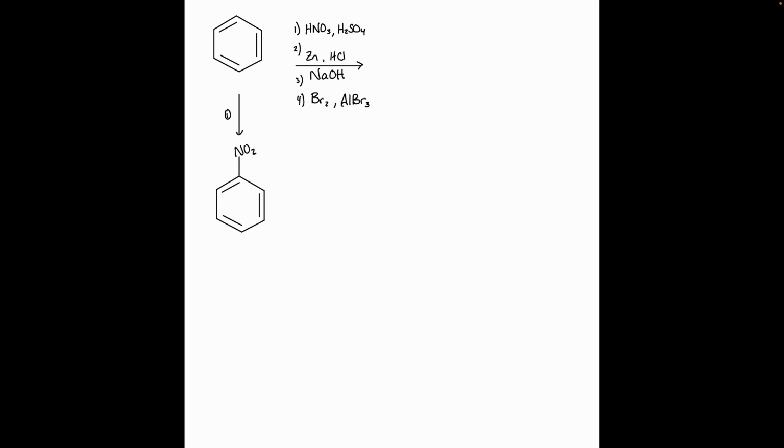All right, so I do that first step, it's the exact same. I put a nitro group on that ring. But now when I do steps 2 and 3, that nitro group is going to be transformed into an NH2.